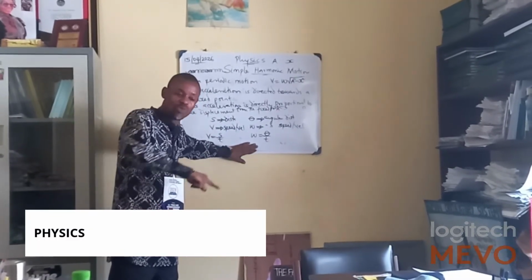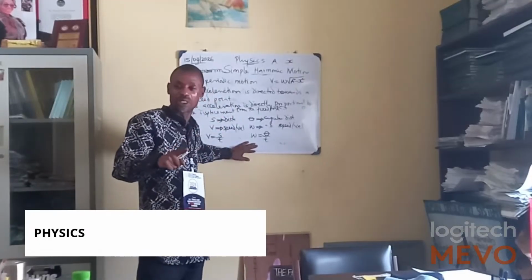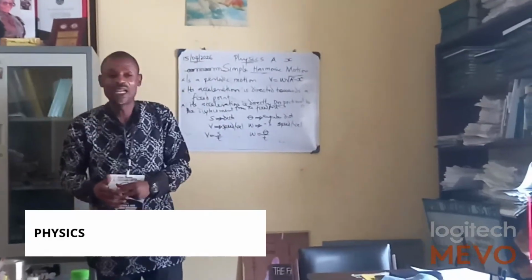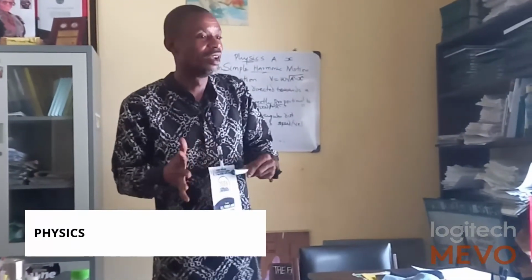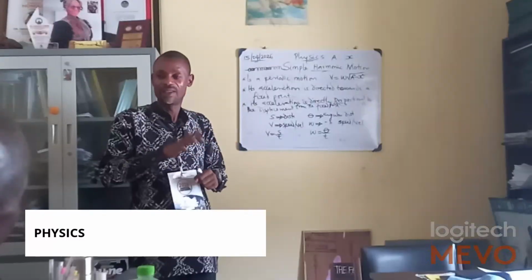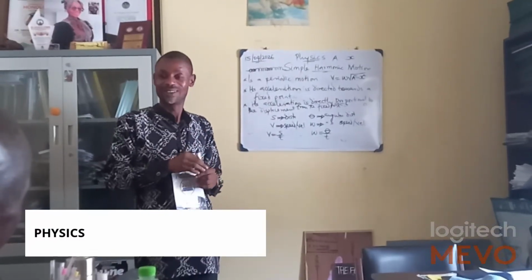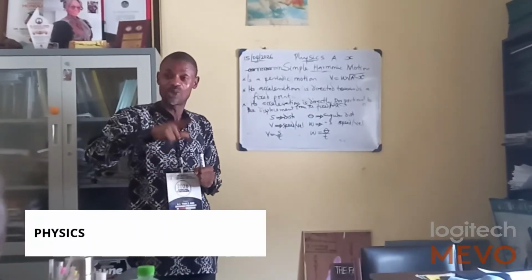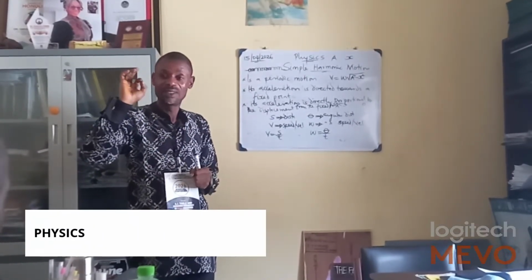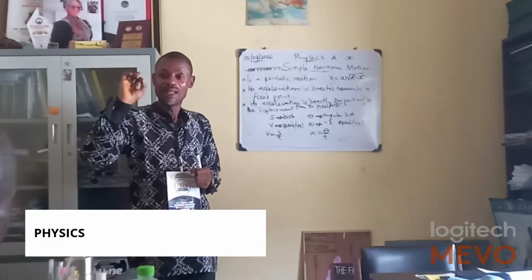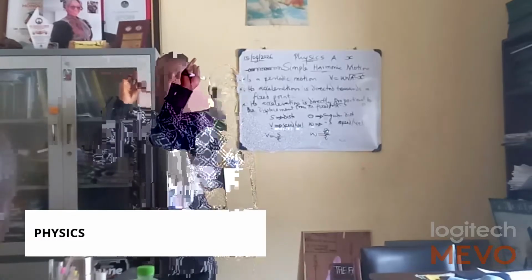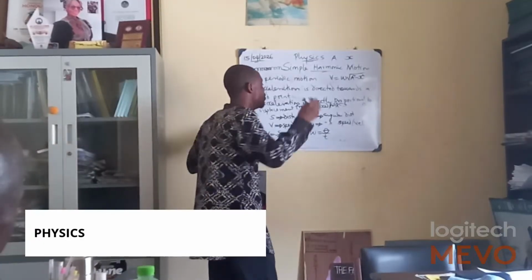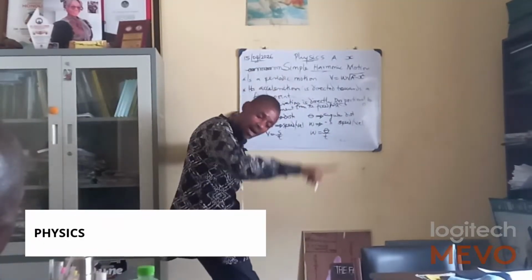When the object moves around once, which is the same thing as one oscillation, the angular distance is 2 pi, 360 degrees. When you move round the circle, it is 360 degrees, 2 pi radians for one round.